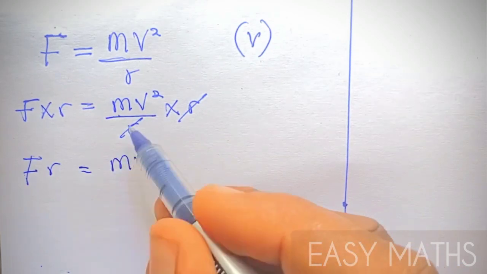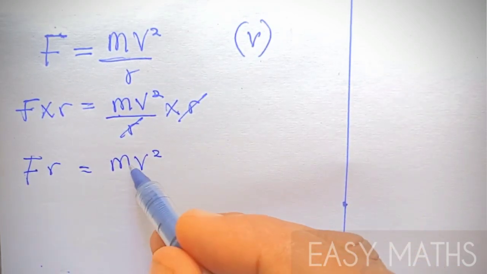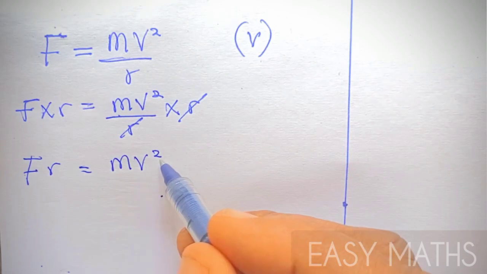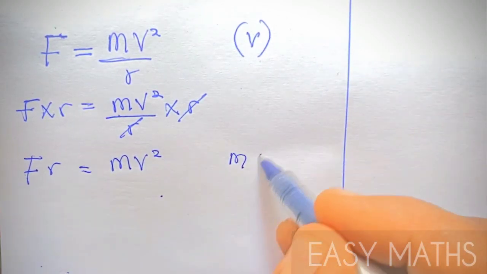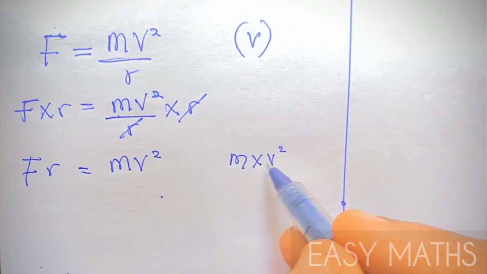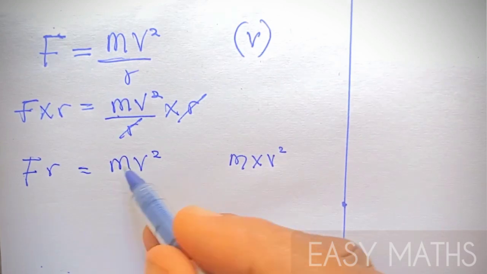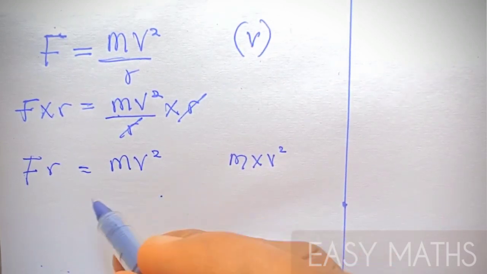So we have succeeded to move r to this side. So remaining m, since m is multiplying v squared, and I hope you know that mv squared is the same thing as m times v squared. So whenever you see two variables together like this, know that there is a multiplication in between them. They are multiplying one another.